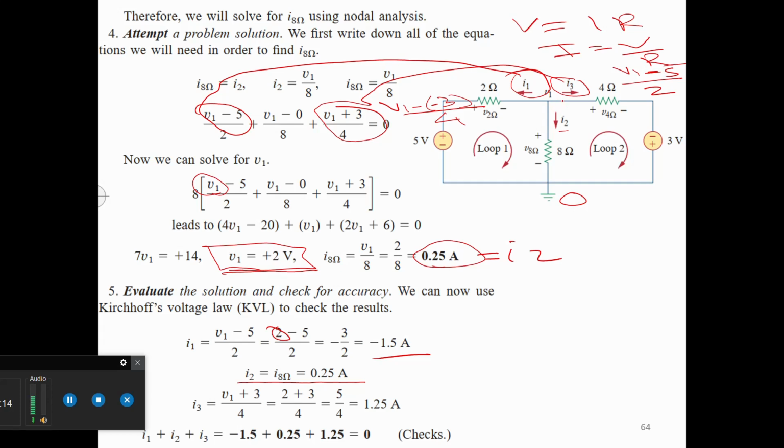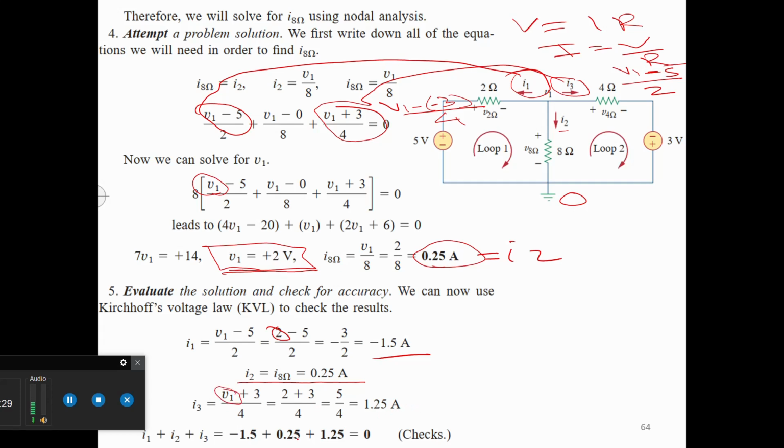I3 is equal to, as we discussed earlier, V1 minus (minus 3), which becomes V1 plus 3 divided by 4. We know that V1 is equal to 2 volts, and we substitute this value, and it becomes 1.25 ampere.